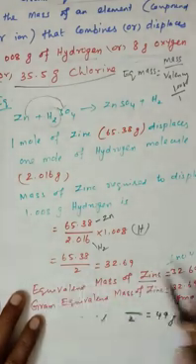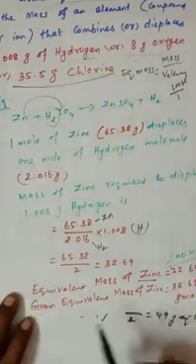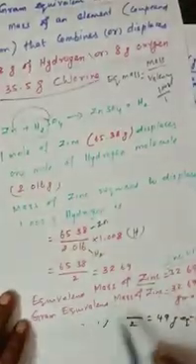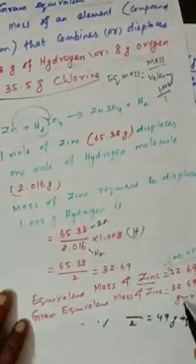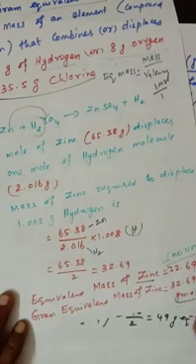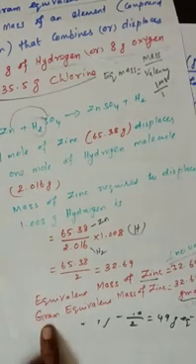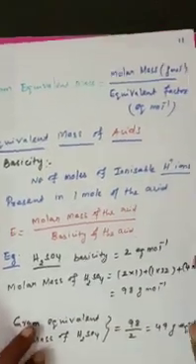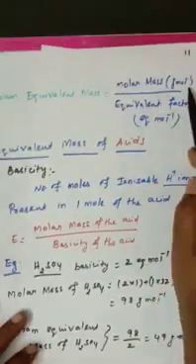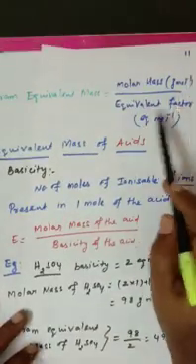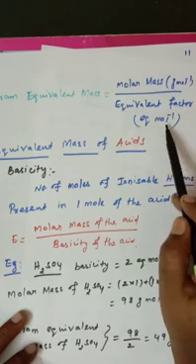Equivalent mass has no unit, but if I write gram equivalent mass, it is 32.69 gram per mole. The formula for gram equivalent mass is molar mass in gram per mole divided by the equivalent factor, that is equivalent per mole.